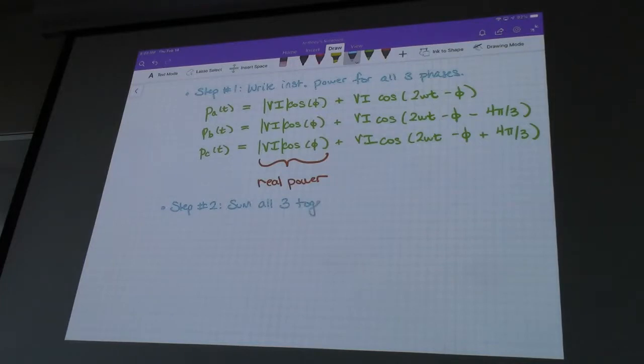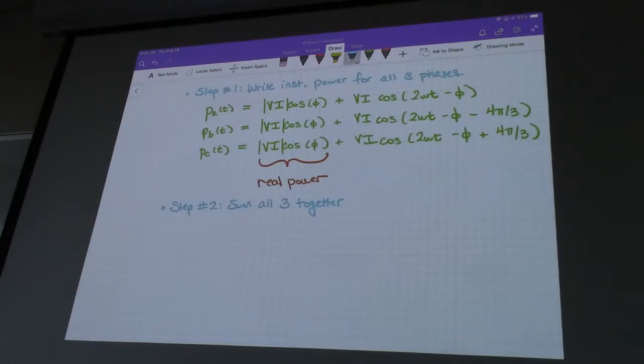And it's cosine for both proportions? Is one of them sine? Well, sine is for the definition of reactive power.